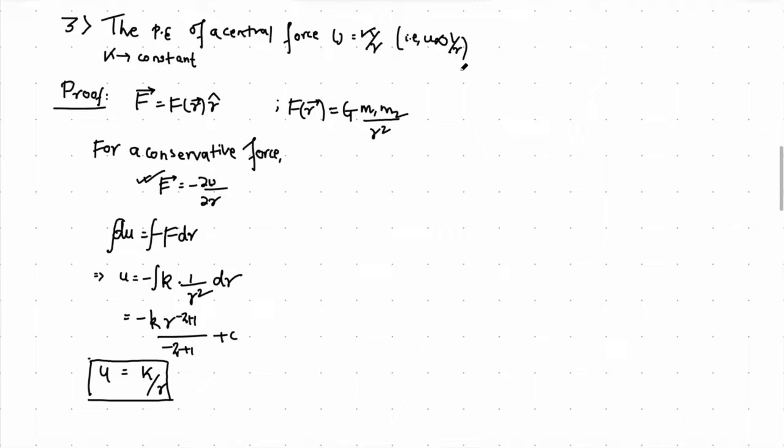One more property. Number 4. This is again important, since we are learning it in detail. If we are considering a body moving under central force, what happens is that the angular momentum will move only in a particular plane.